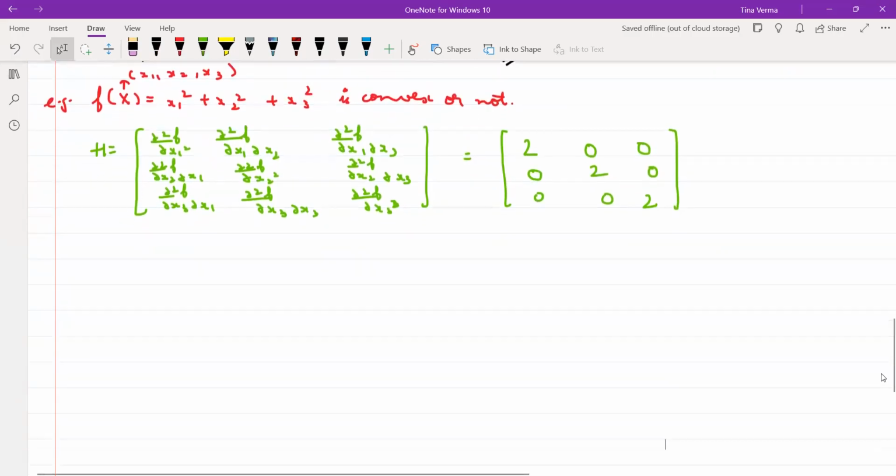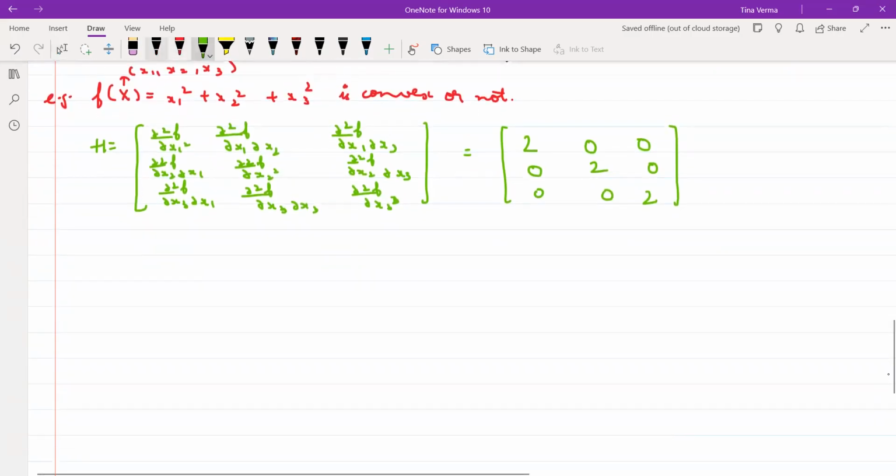Now I only have to check whether it is positive definite or negative definite, right? So I can check D1. This is my 1 cross 1 matrix. D1 is 2, which is greater than 0. So this indicates that it can be positive definite, it cannot be negative definite. Why?